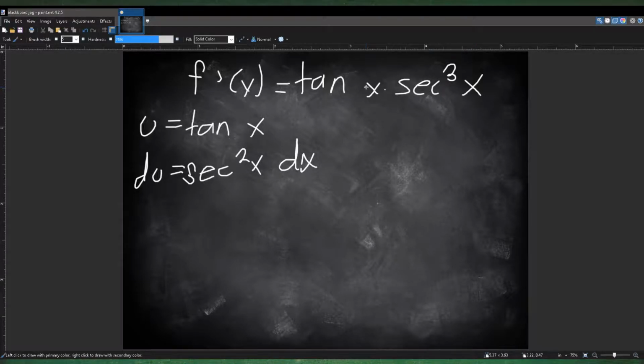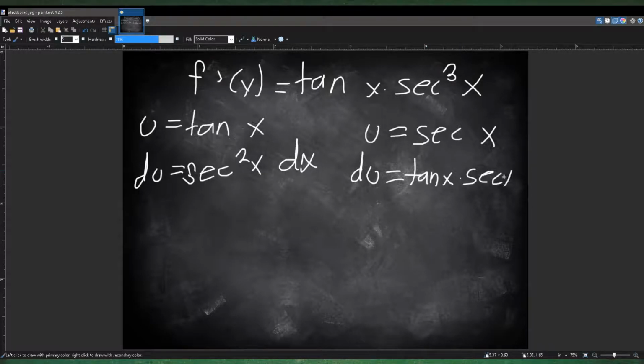So what we could do is that instead of taking the derivative of tangent, we could now take the derivative of secant. So what's the derivative of secant? Well, the derivative of secant is tangent times secant, right? And put a dx here. So we have the secant, we could substitute one in here, tangent, and then the secant, so we have one more secant. But since we already have a secant, we could put this squared instead.